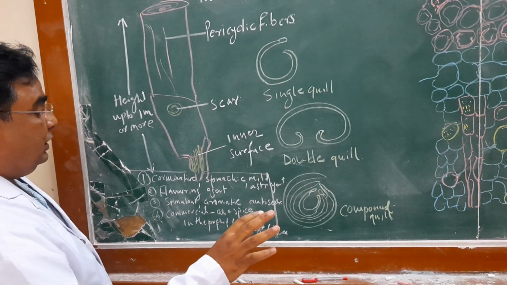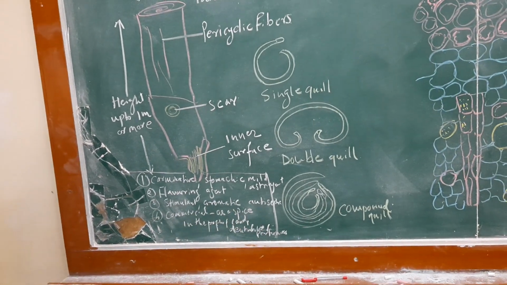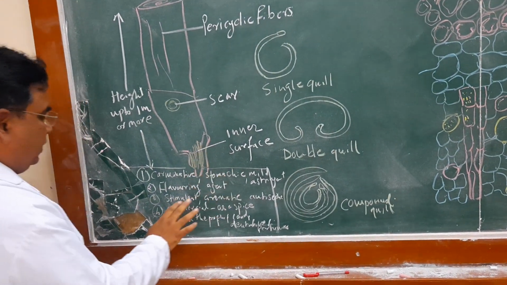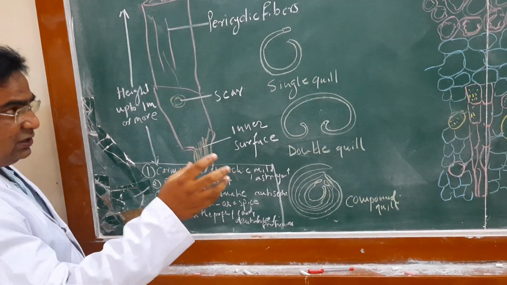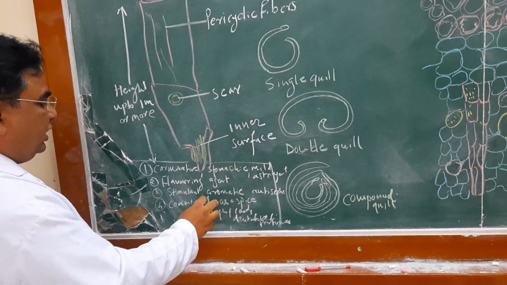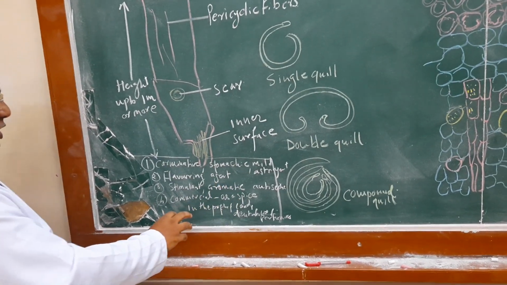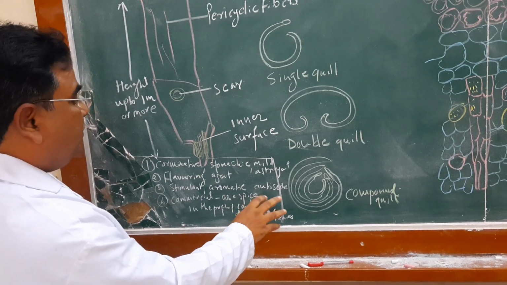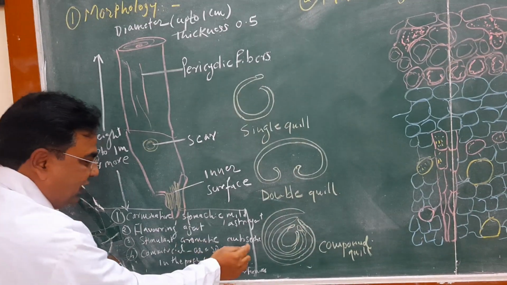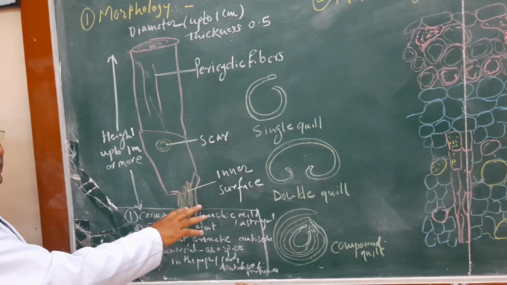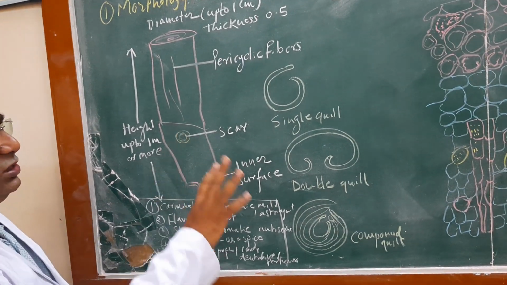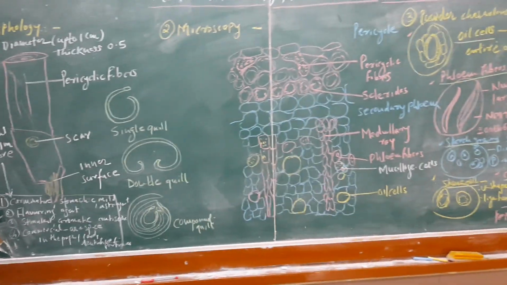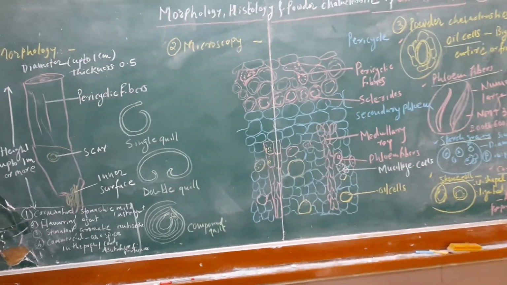Commercially, cinnamon is mainly used as a spice and in the preparation of candy, dentifrice and perfumes. It also acts as an antiseptic. So this is overall regarding the morphology, histology and powder characteristics of cinnamon bark.